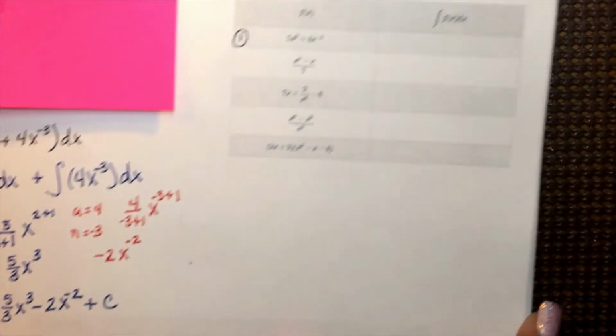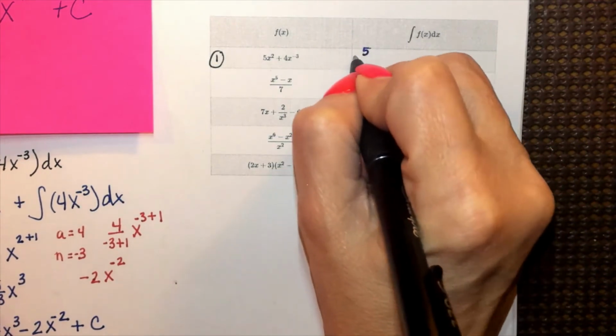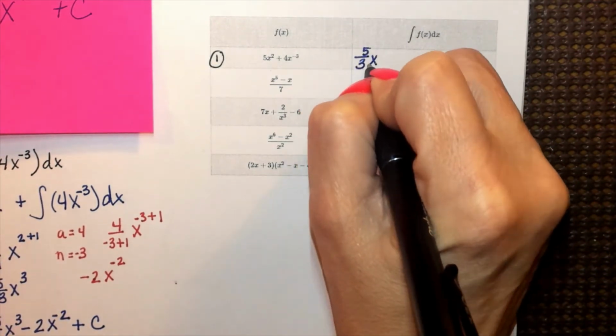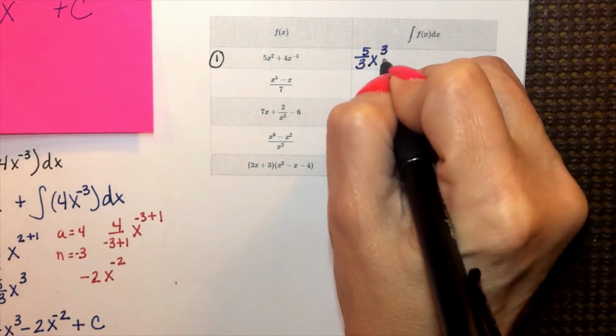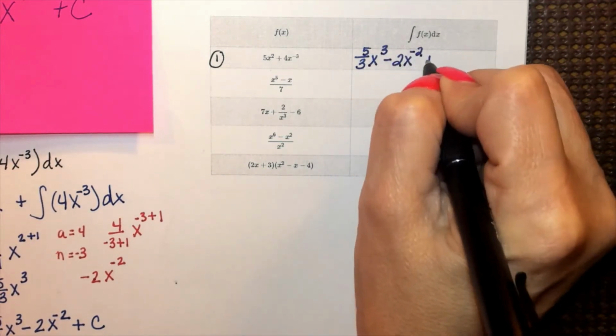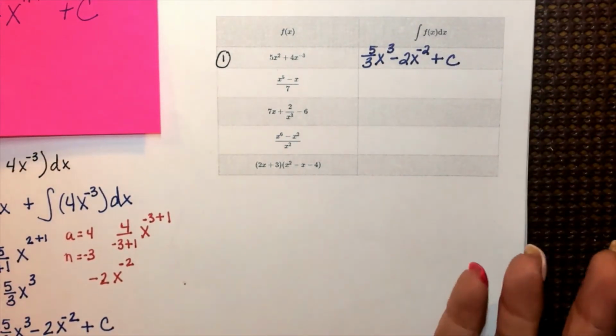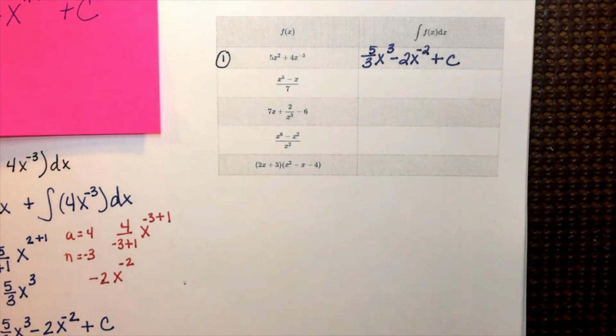So what is the integral? It would be 5 over 3, the antiderivative, x to the third, minus 2x to the negative 2 plus c. I don't know any points on this, so I can't really figure out the c. I'm just going to leave it like that.